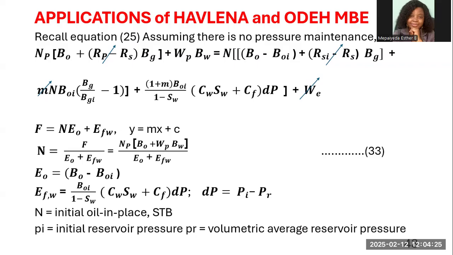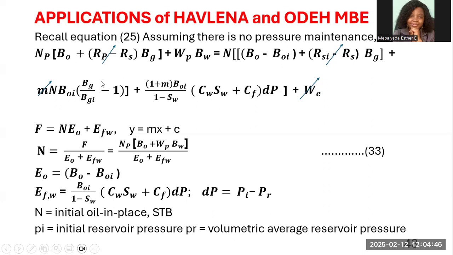Your Rsi is the initial solution gas still within the body of your oil, especially at that undersaturated state. So at that state, all these are equal. Your Rs equals Rsi equals Rp. So this becomes 0, this becomes 0, this is equally 0.